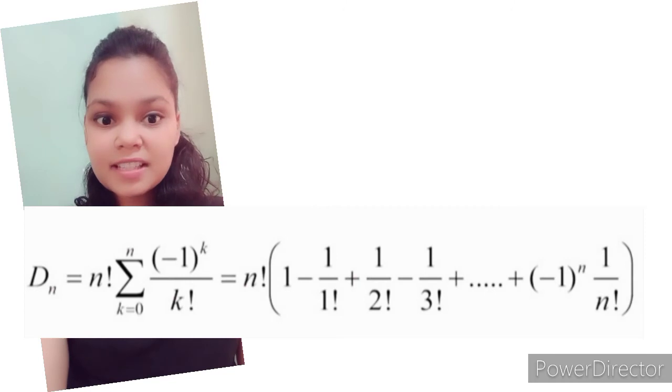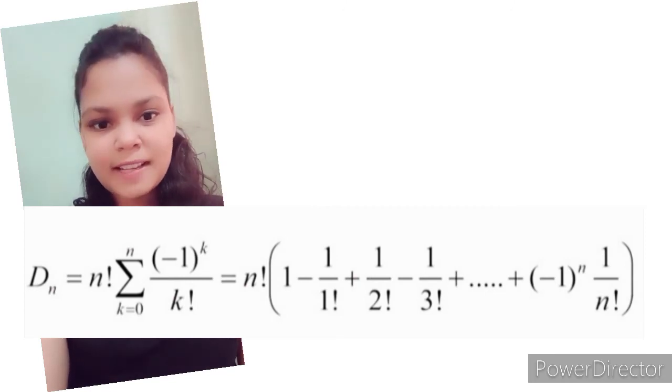I am here, so let us try to solve the problem of the lazy postman. Firstly, let us see the formula of derangement.